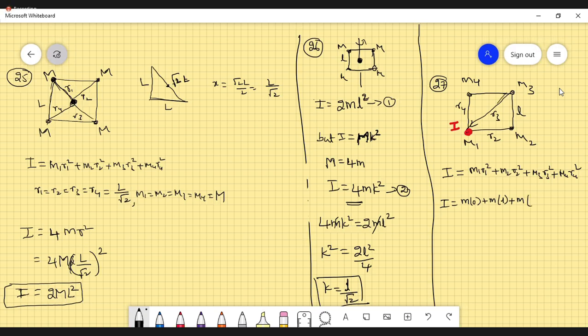R3 is the diagonal, root 2 L, so root 2 L whole square, plus m4, which is m, with distance L. Therefore I equals mL square plus 2mL square plus mL square, which is 4mL square. Understood?